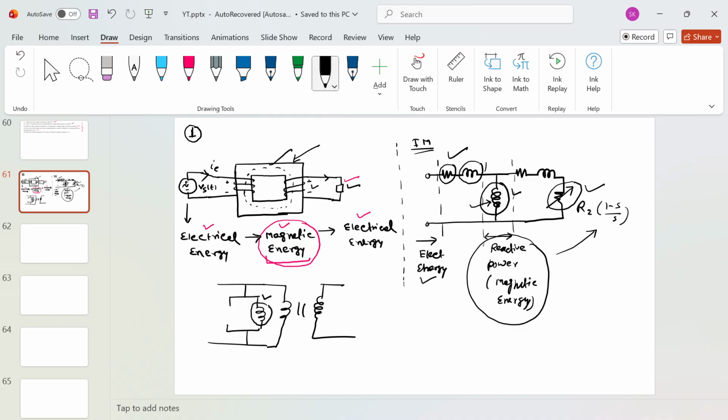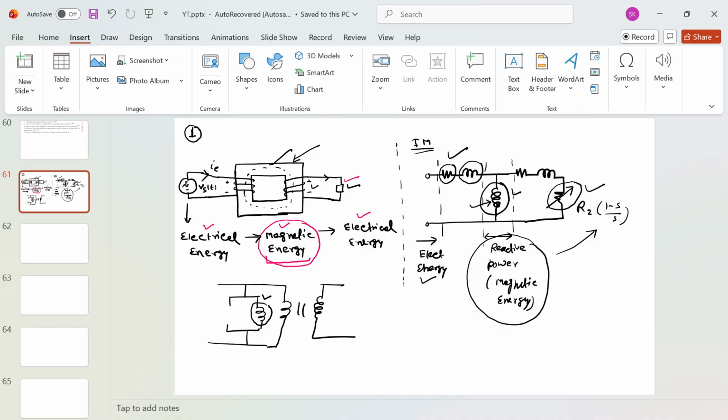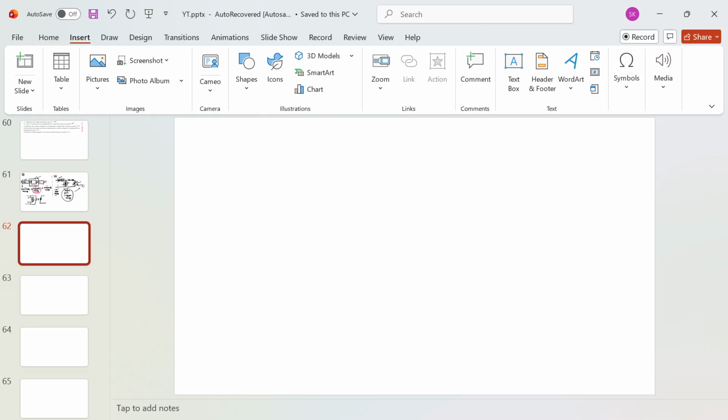If you see it from the DC machine point of view, let's say you have a shunt DC generator with you, and it has EG, RA, RF.